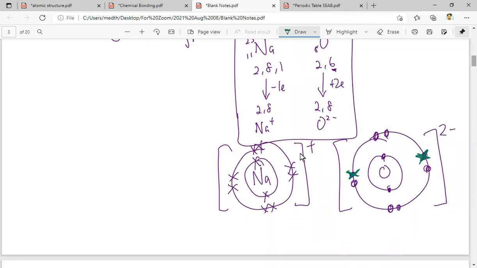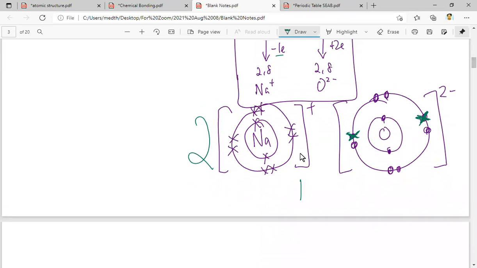Okay. Next up, focus. Sodium lost 1 electron, but oxygen gained 2. So how can oxygen gain 2 when I only have 1 sodium? So therefore, to make sure that the electrons balance out, 1 sodium will lose 1. Hence, I will need 2 sodium to react with 1 oxygen because each sodium only loses 1 electron.